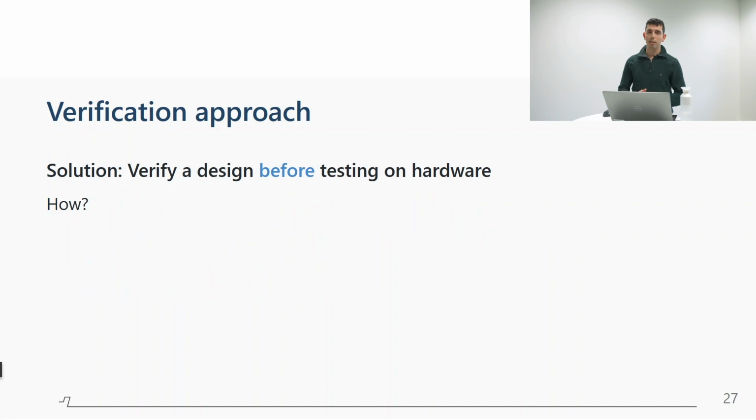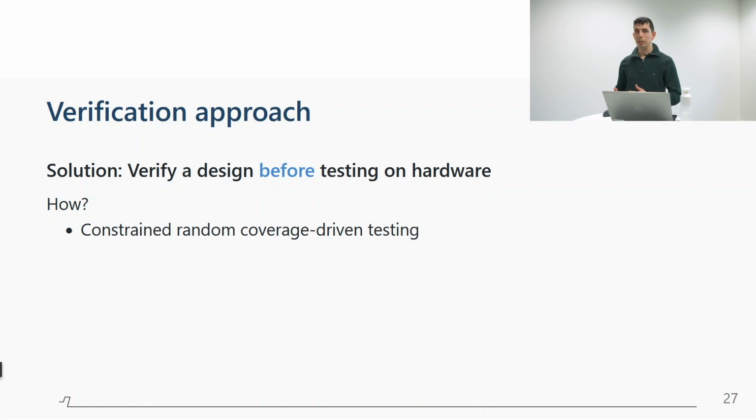First, we replaced our directed way of testing with constrained random coverage-driven testing. And this means that we actually randomize our stimuli according to some constraints. And we think we have sufficiently tested the design if we reached a certain amount of coverage.